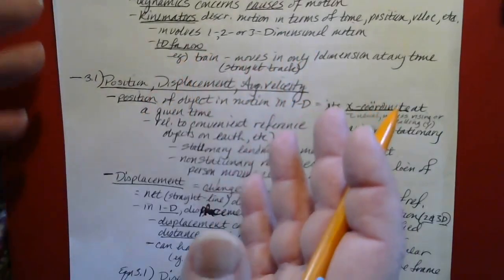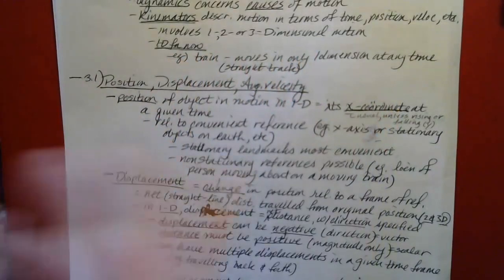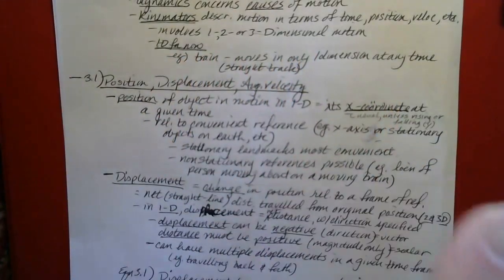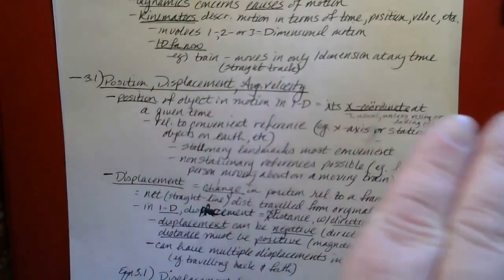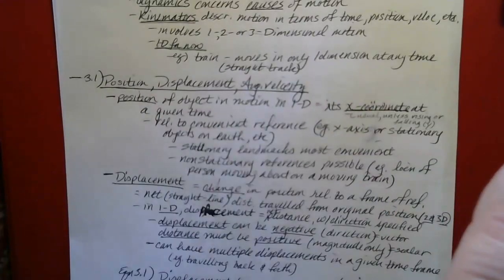An example of one-dimensional motion would be, say, a train moving along a train track. And as long as the ground is level and the track is straight, then the train is only moving in 1 dimension. Even if the train stops and starts backing up, it's still only 1 dimension. Now, if the track is going up a hill, that brings in a 2nd dimension.